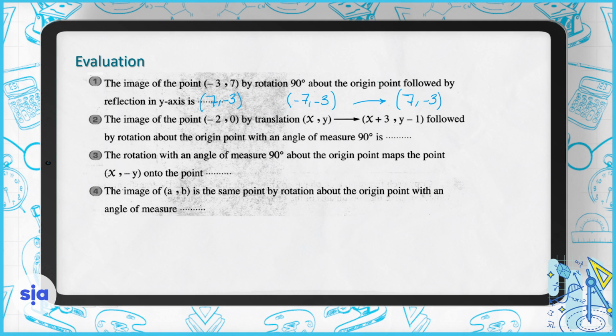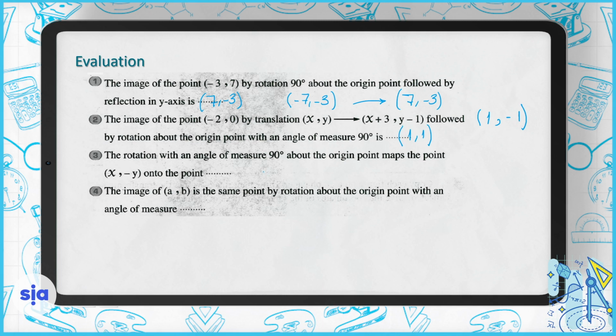So when you do the translation, it becomes -2 plus 3 is 1, and then 0 minus 1 is -1. After that, you do the rotation about the origin point with an angle of measure 90 degrees. It's (-y, x), so this becomes (1, 1).